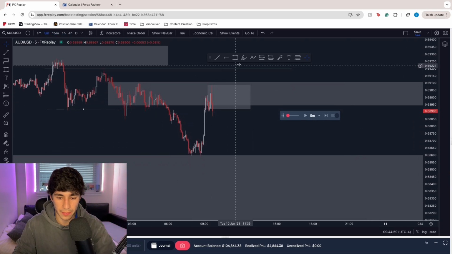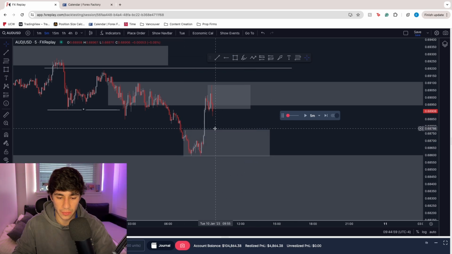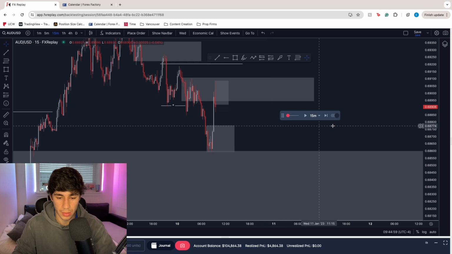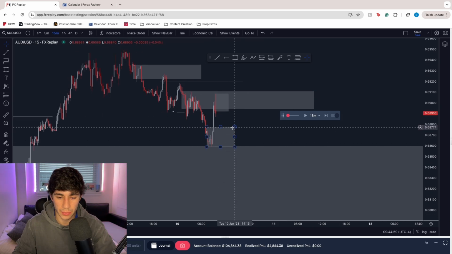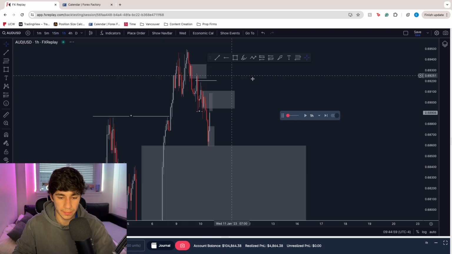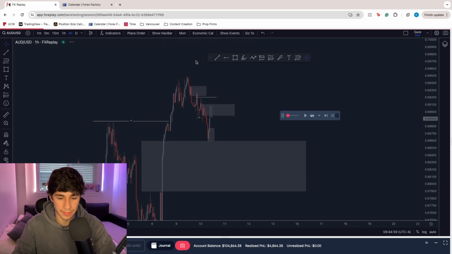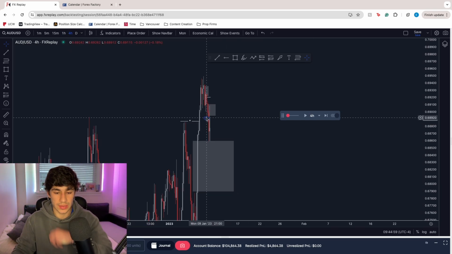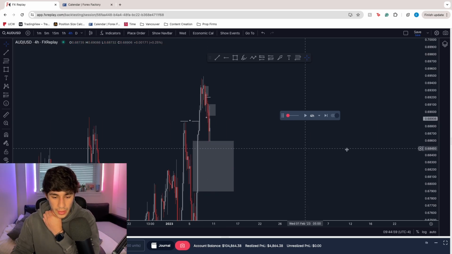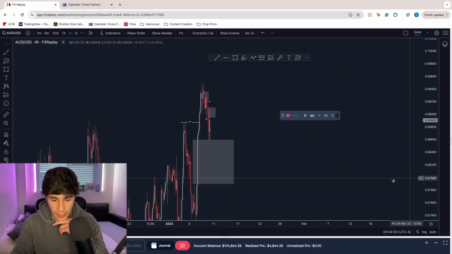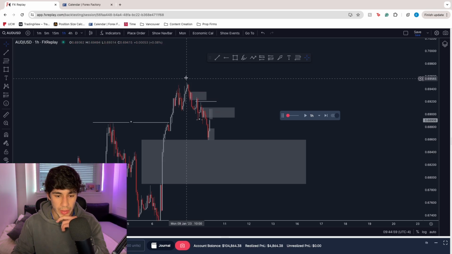I'm honestly more biased towards buying opportunities, so I'm gonna wait for price to, yeah, because we can see the whole impulse, and we are respecting the fact that we took Monday's low and we rejected from a fair value gap, right? So understanding that we have been completely bullish, this might be liquidity sitting above these highs.